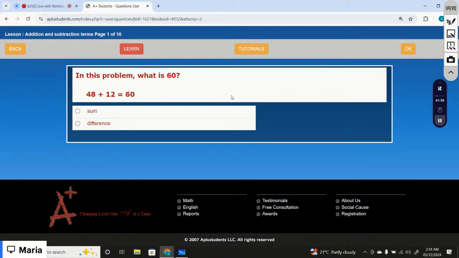When you add 48 and 12, the answer is 60. So 60 is the sum of 48 and 12, that is sum.